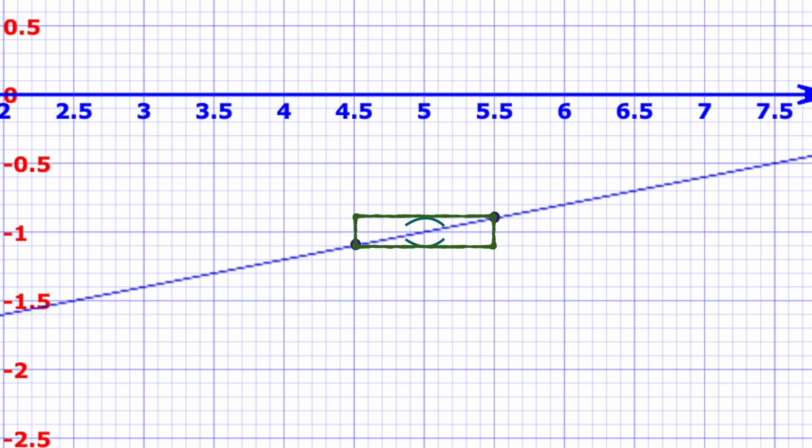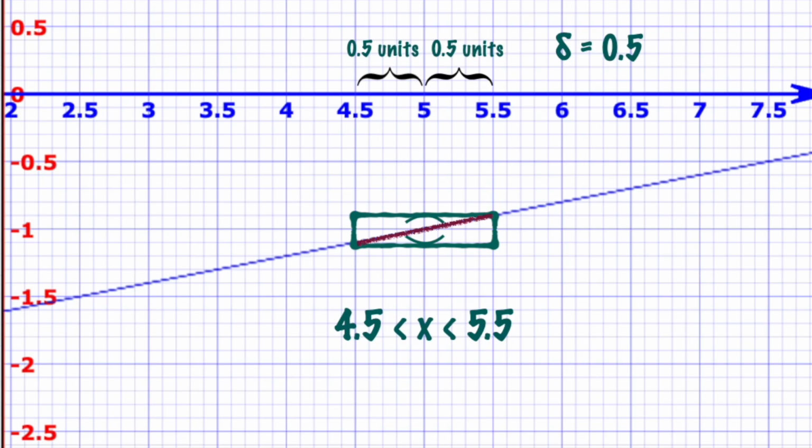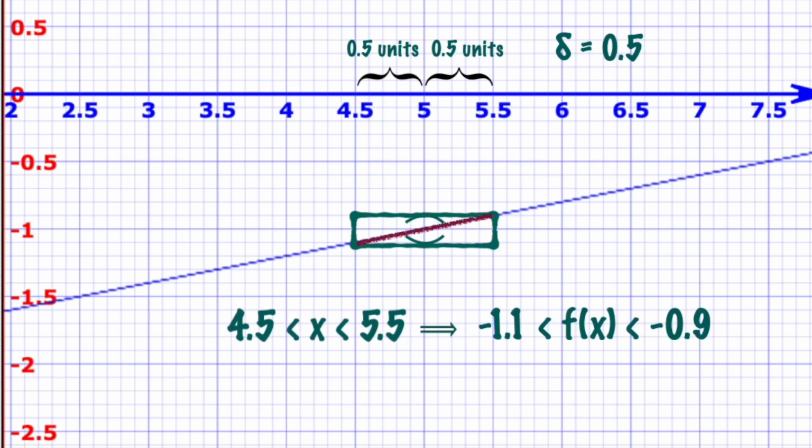So it looks like 4.5 and 5.5 are the x values there. And so each of these are a half of a unit from our c value, which is 5. And so delta equals 0.5. So when x is between 4.5 and 5.5, the function would be between -1.1 and -0.9. So let's check.